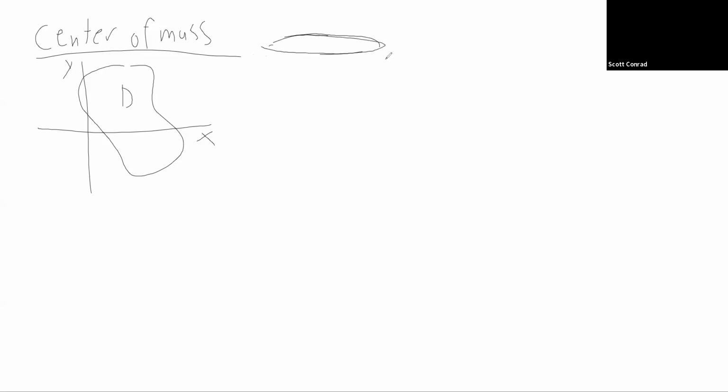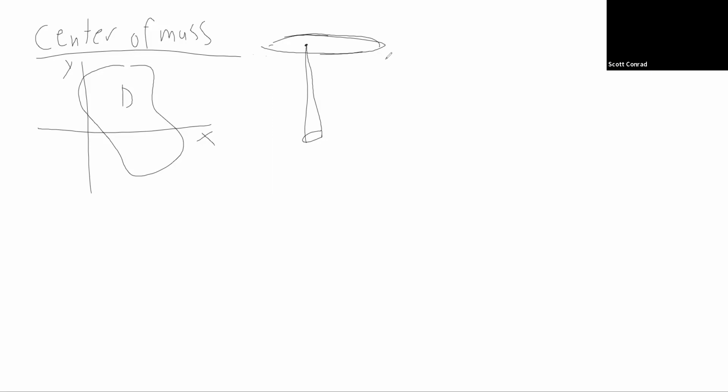If that lies in the XY plane, and this is your center of mass here, it would balance perfectly on a little spike.